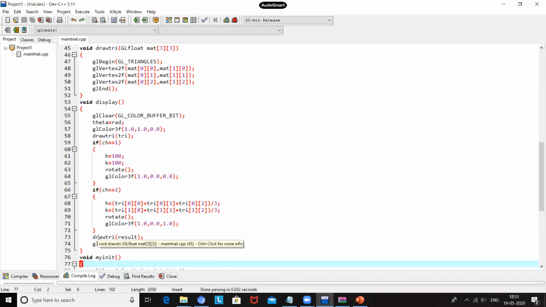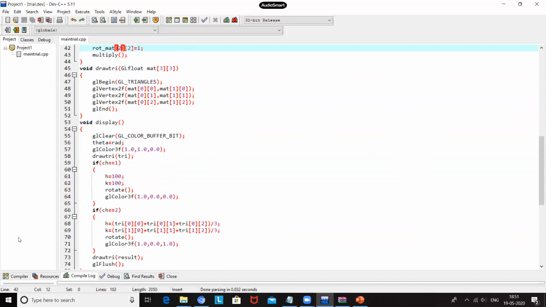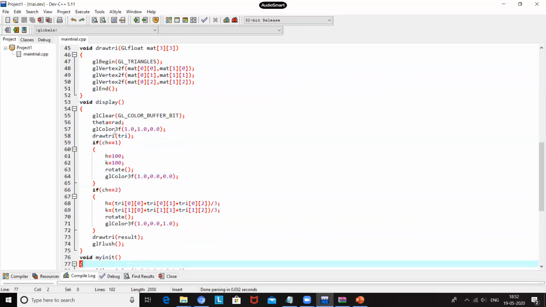Then we call draw triangle. In draw triangle, we use glBegin and glEnd, and we specify the 3 vertices in the form of a matrix. Those 3 vertices will be joined by lines using the GL_TRIANGLES constant. This is how we draw the triangle.